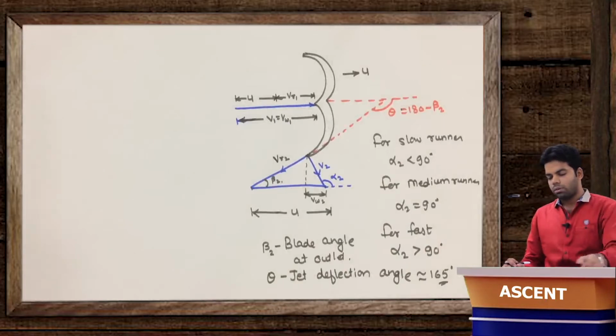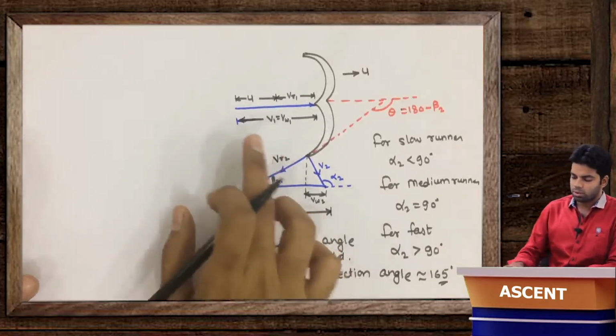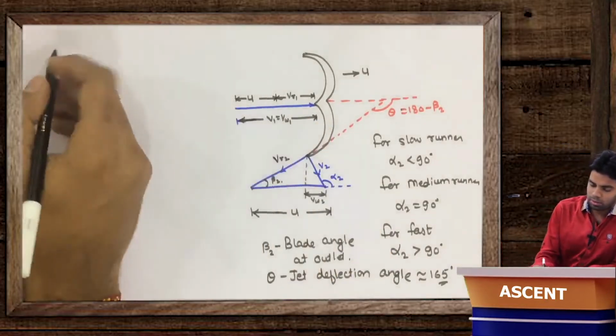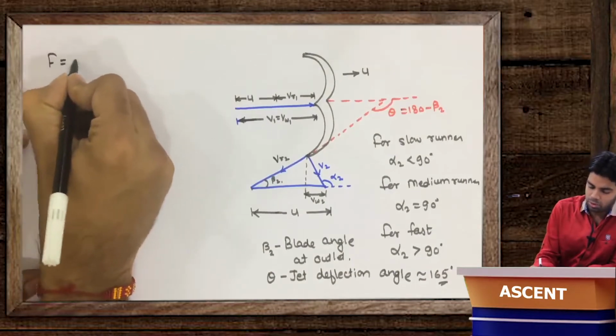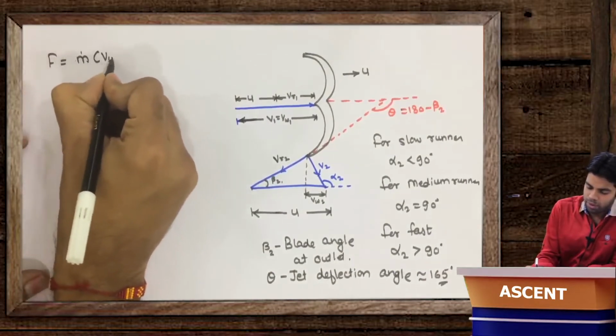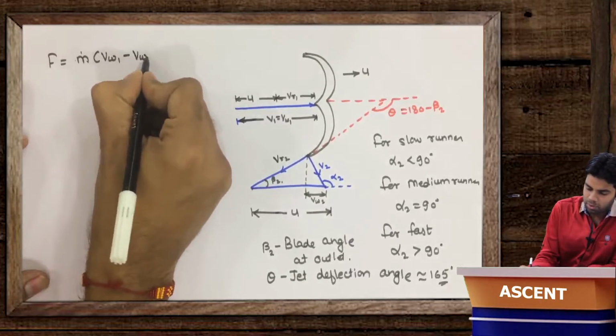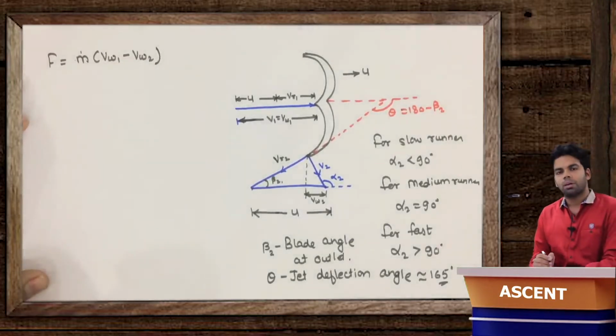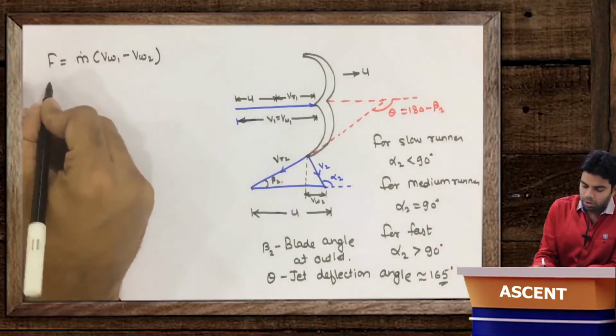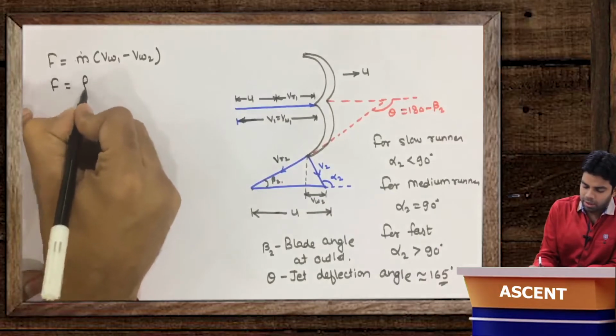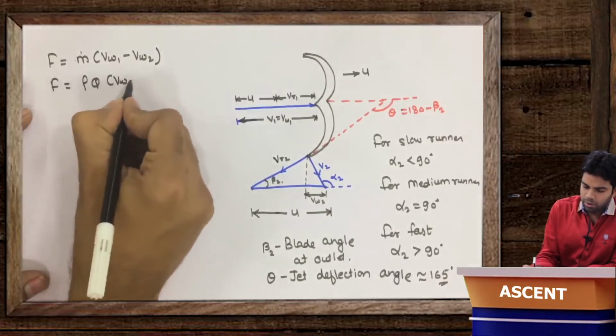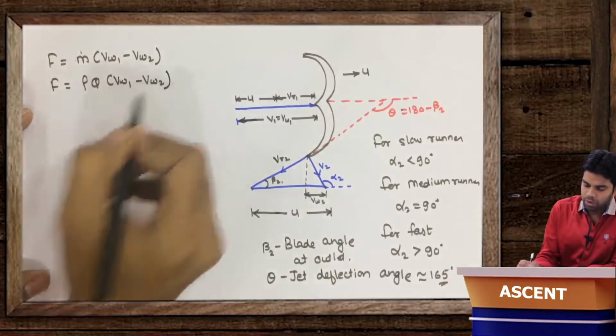Okay, now if we want to determine the force by this jet on the blade, so that force, as I told you, is m into (vw1 minus vw2). Or you can write m as rho into q, so the force is rho q (vw1 minus vw2). Okay, this is force.